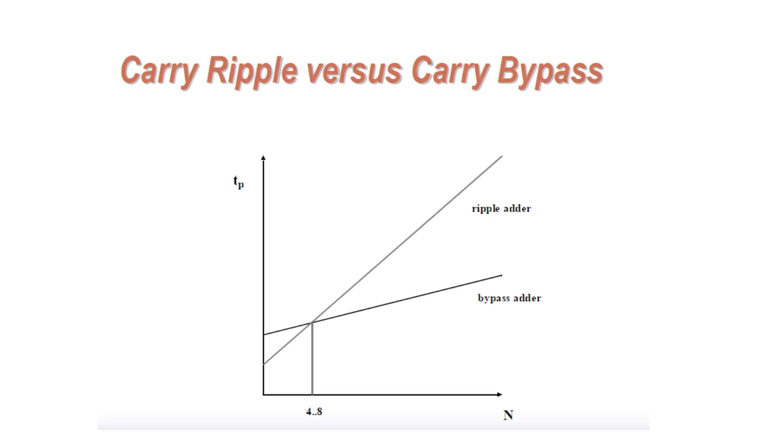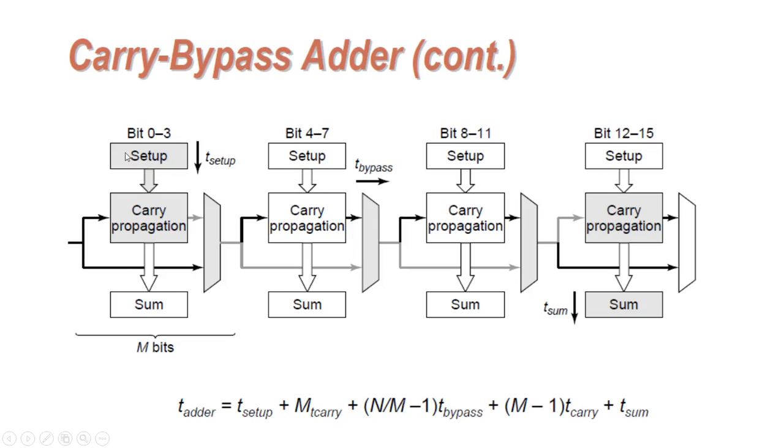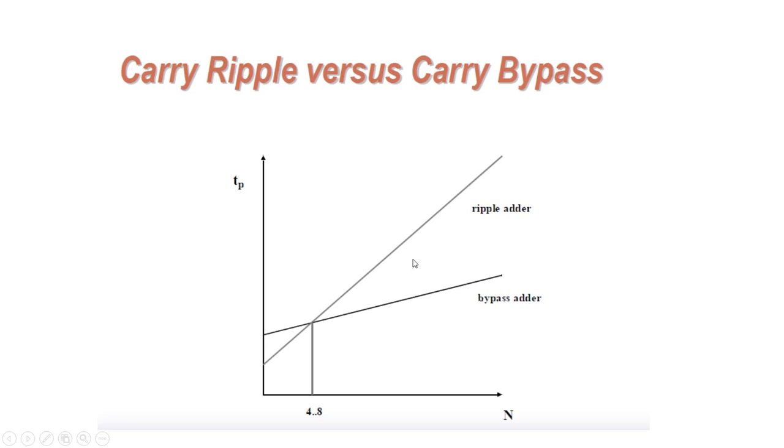If you can see here, the time required for generating the final output using ripple adder and bypass adder. Suppose the number of bits is lesser, then the ripple adder would be the best performer, because the bypass adder will have a few extra timings in terms of making the setup, whereas in the ripple adder you're not supposed to generate any p's and g's, so simply the a's and b's are used to get the values of sum and carry out.